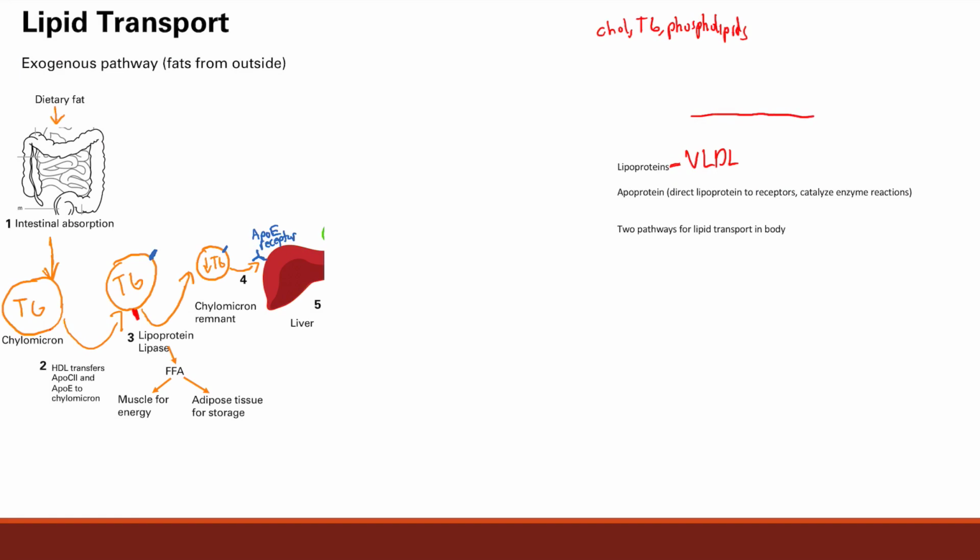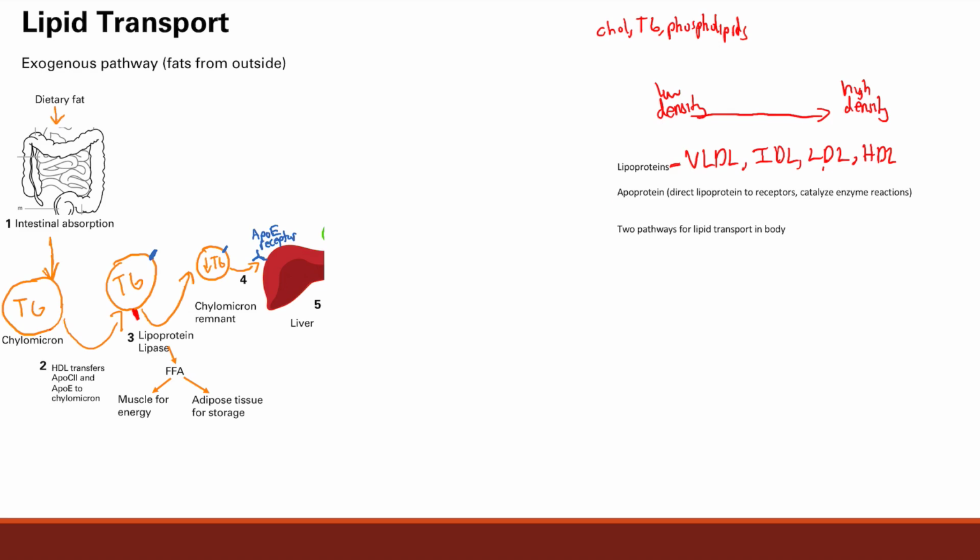Then there's intermediate density lipoprotein. Then we have low density lipoprotein. So remember, it's kind of a weird one because intermediate is actually lower density than low density lipoprotein. So you want to keep that in mind. Finally, we have high density lipoprotein.